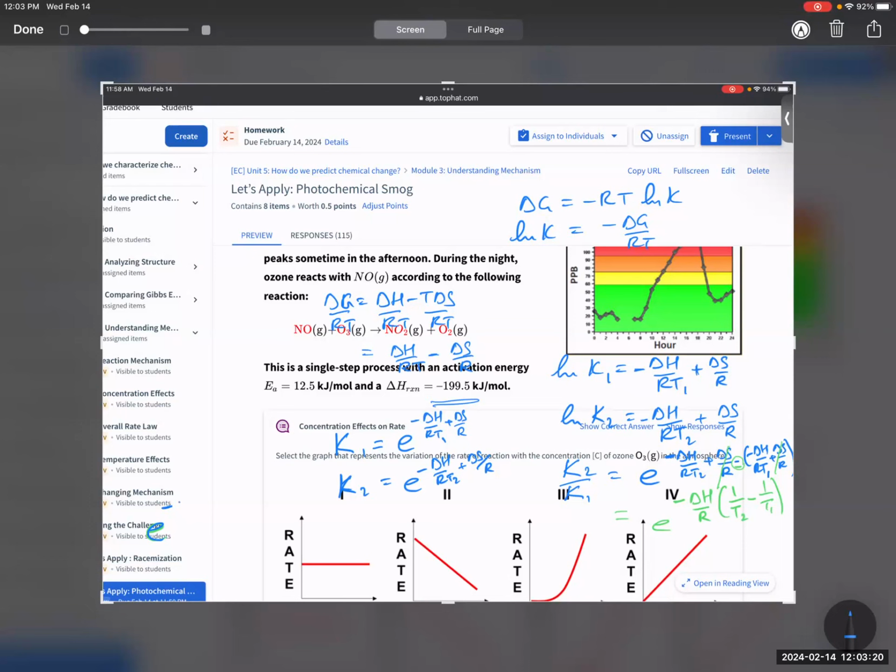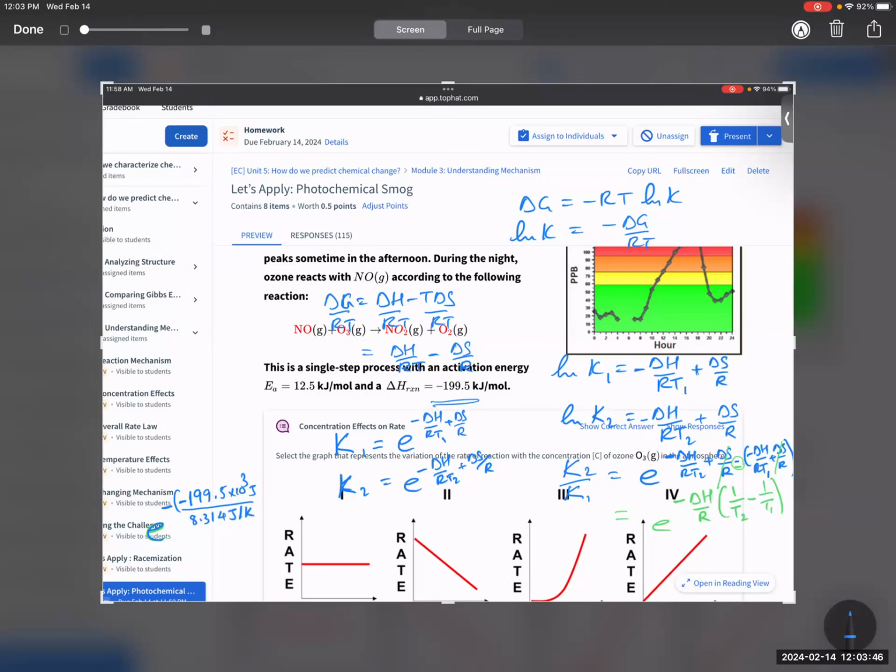We have e, and then we have negative delta H, which is 199.5 kilojoules per mole, so negative 199.5 times 10 to the power of 3 joules. We divide this by R, which is 8.314 joules per Kelvin.